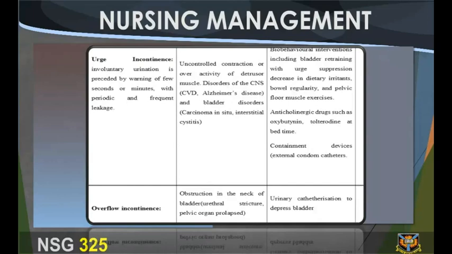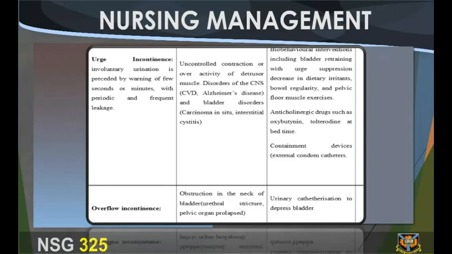Urge incontinence. Involuntary urination is preceded by a warning of a few seconds or minutes, with periodic and frequent leakage. Causes: uncontrolled contraction or overactivity of the detrusor muscle, disorders of the CNS, Alzheimer's disease, and bladder disorders, carcinoma in situ, interstitial cystitis.